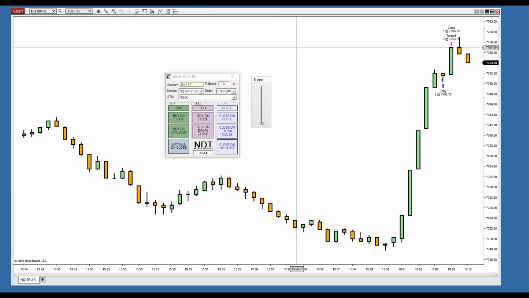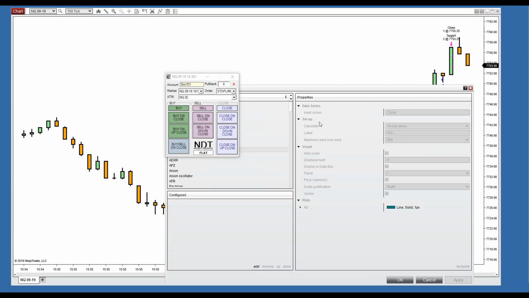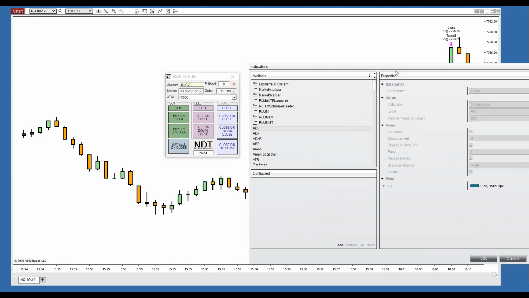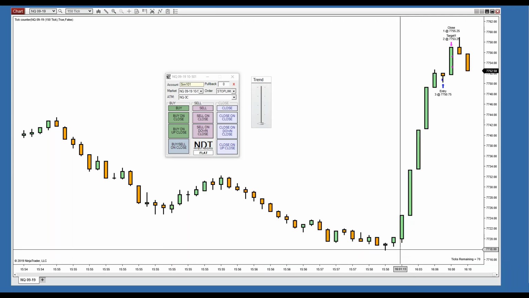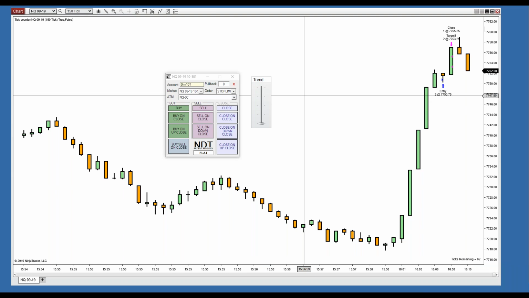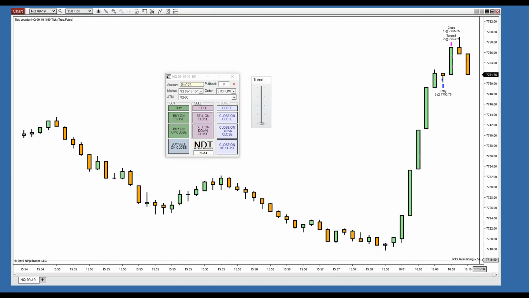I'm going to put that in the indicators. You can see at the bottom, you have ticks remaining, and it's counting it down.